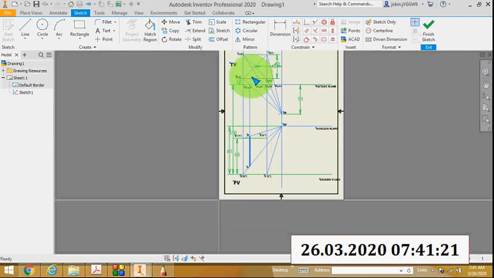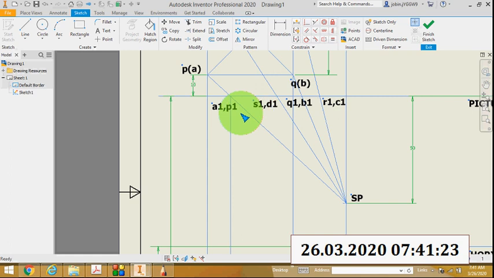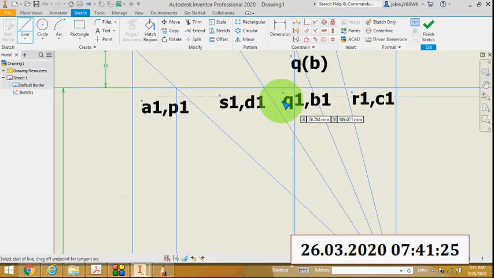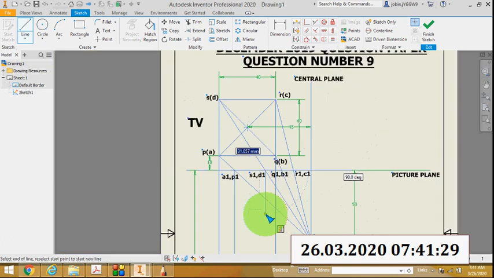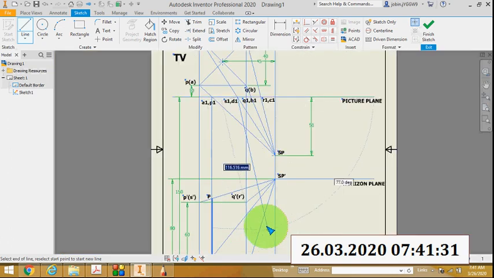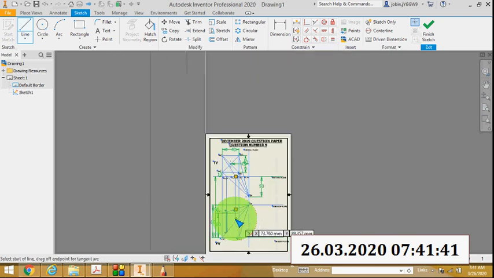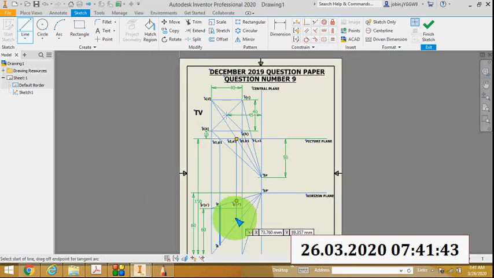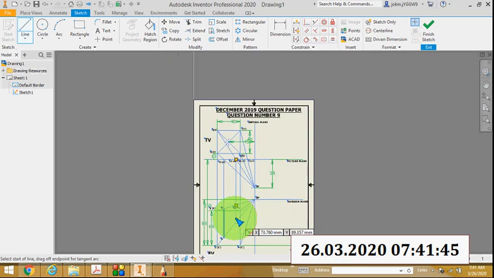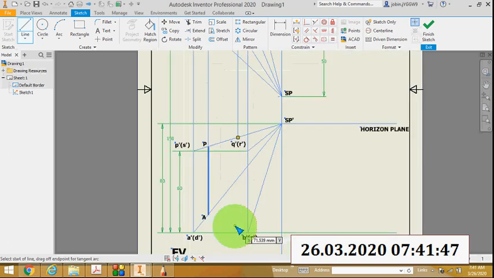Okay. Then next line is S1D1. So I will extend, I will draw a line from S1D1. It will touch SP dash S dash, and it will touch SP dash D dash.